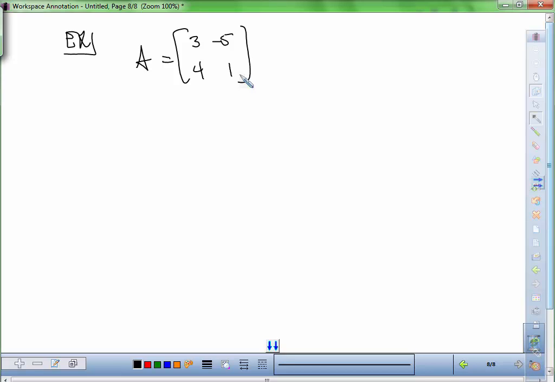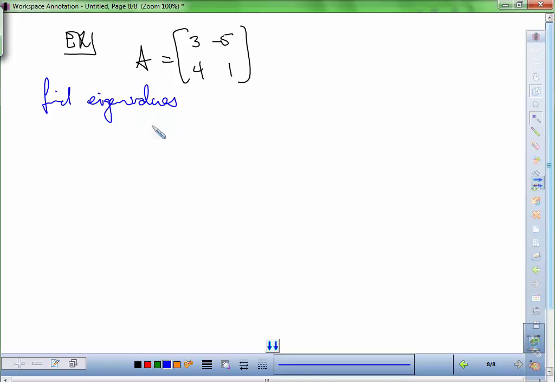So remember the setup, and I'll just jump to this last bit that we came down to. The setup is to find the eigenvalues.